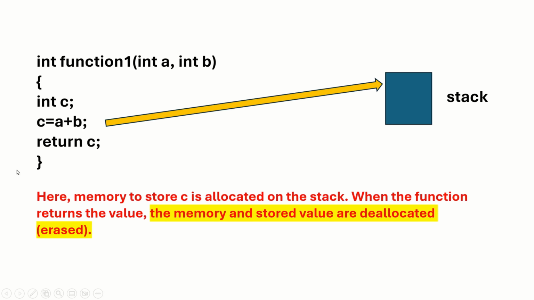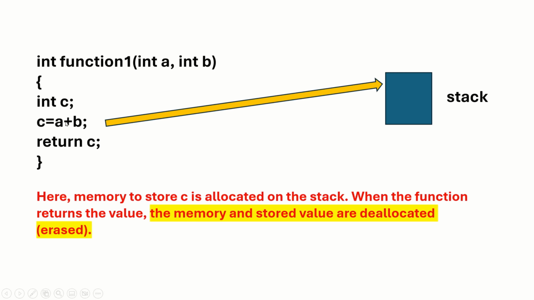So let's look inside of this example and let's explain what's happening over here. Here we have a function that adds two integers. So what happens? First of all, we declare an integer c, and when we do that, this integer is declared on the stack.